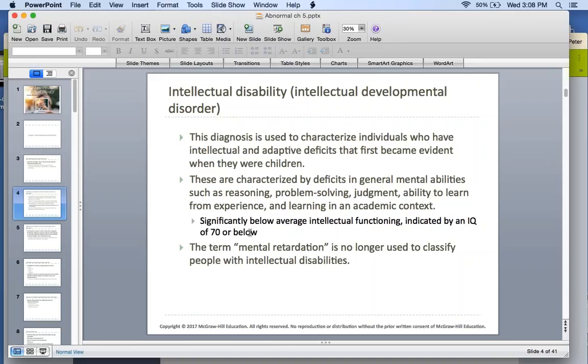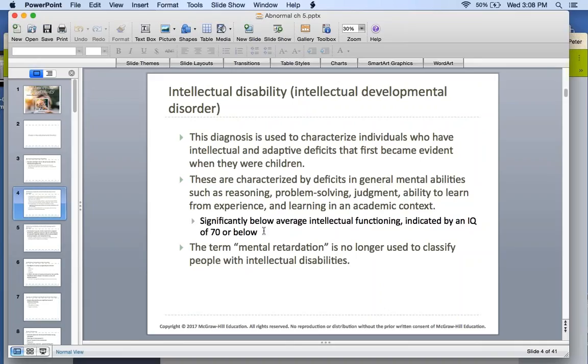Okay? Now, if you remember, the average intelligence score is 100, and the standard deviation is 15 from that. Now, we say that someone can technically be diagnosed with an intellectual disability if they have an IQ score of 70 or below.